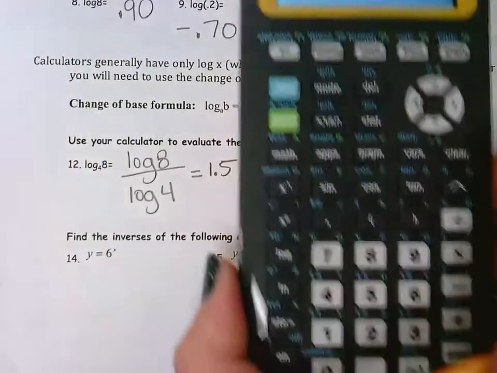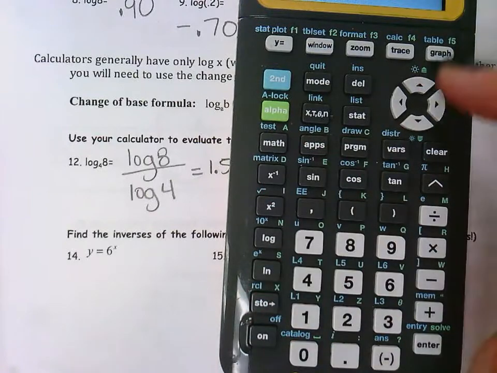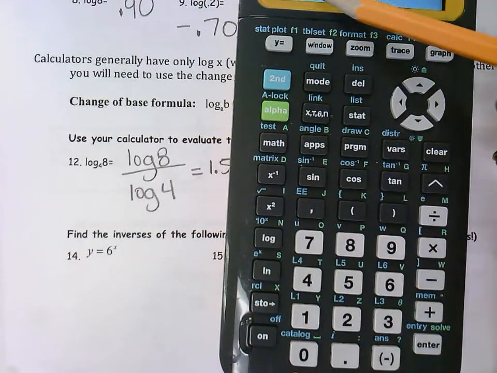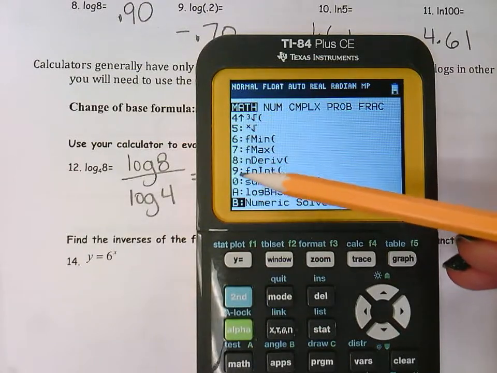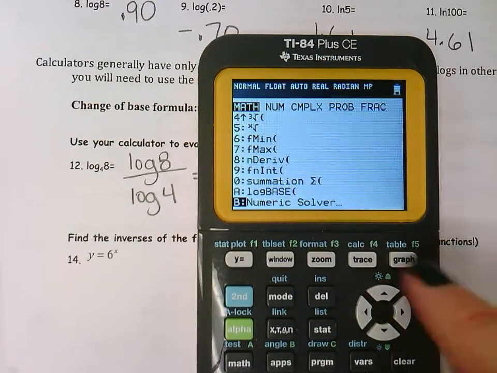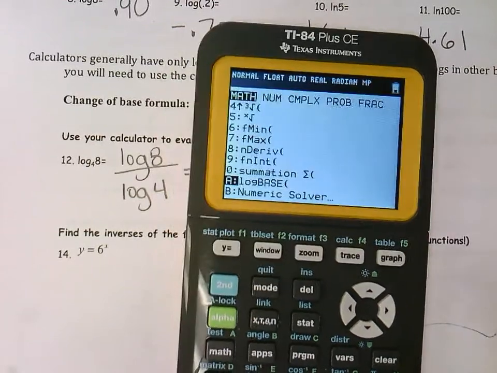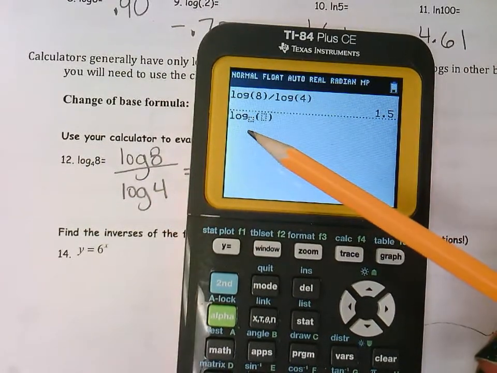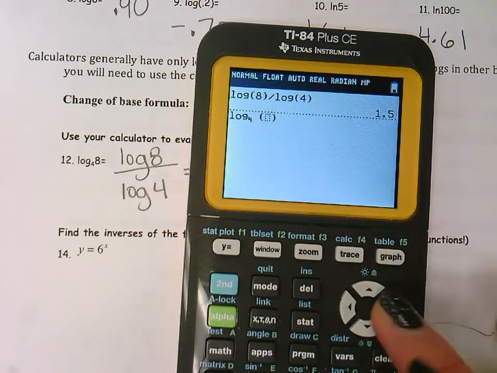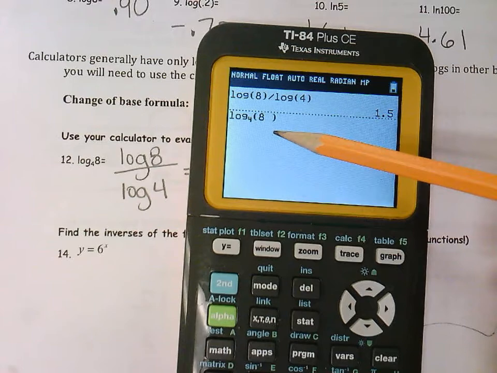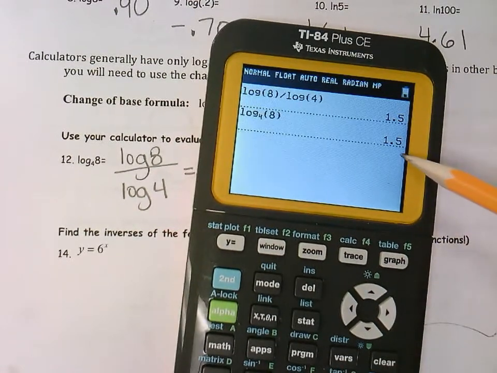If you go under the math key, under the word alpha, and you scroll all the way down to choice A, it says log base. That log base key allows you to pick your base and pick your inside number. So if I wanted the log base 4 of 8, I could just use that log base key and it would also give me 1.5.